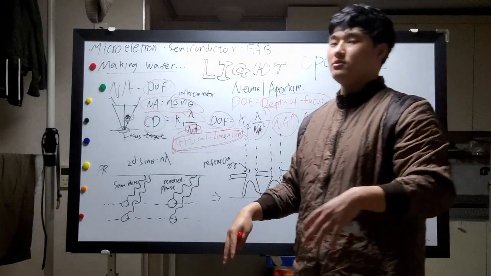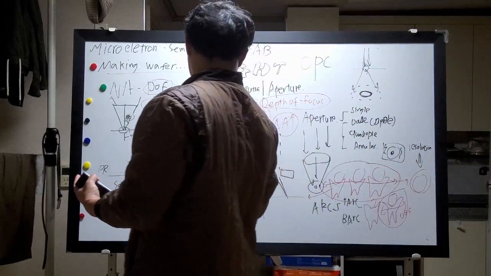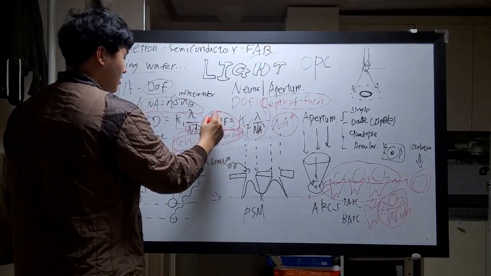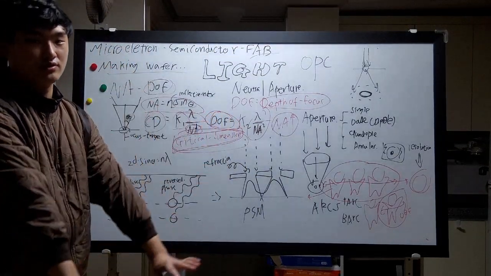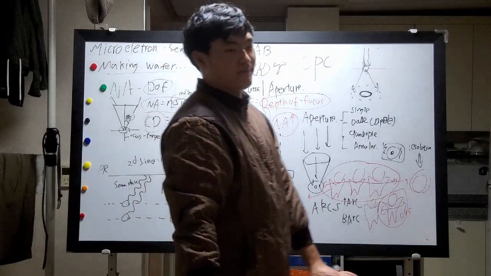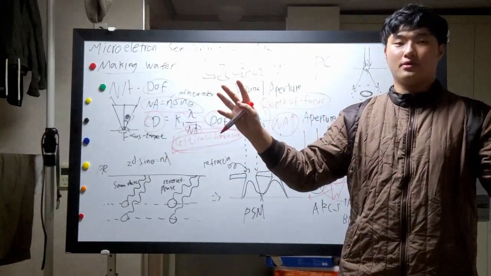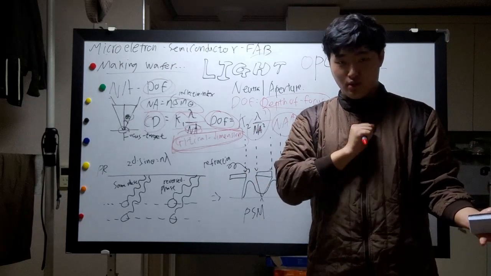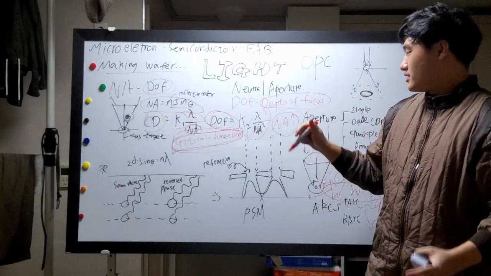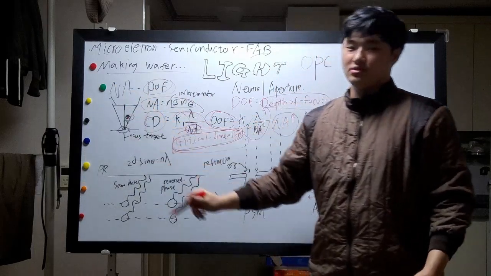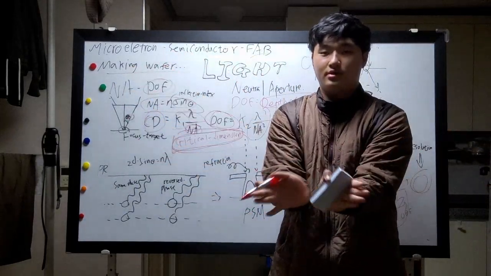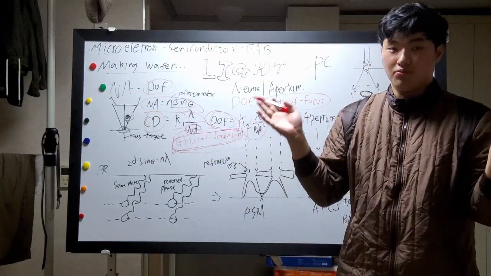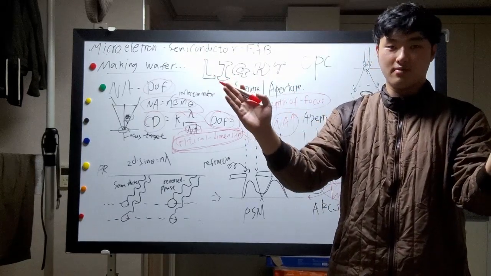Maybe it can be good for some factors, but also the depth of focus will be smaller. So if the depth of focus is smaller and the numerical aperture is larger, we can say the smaller and more precise picture will be made.